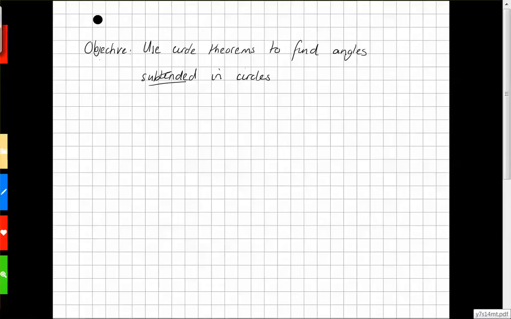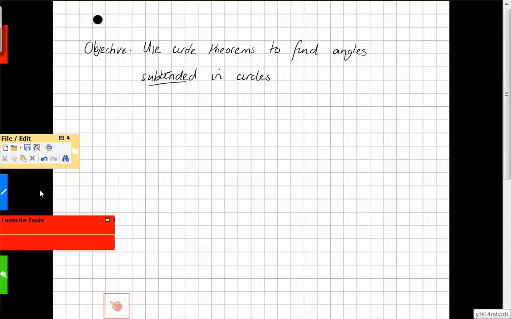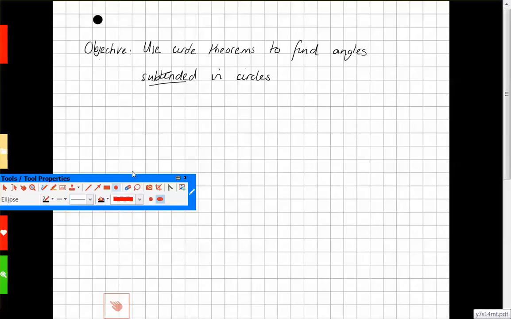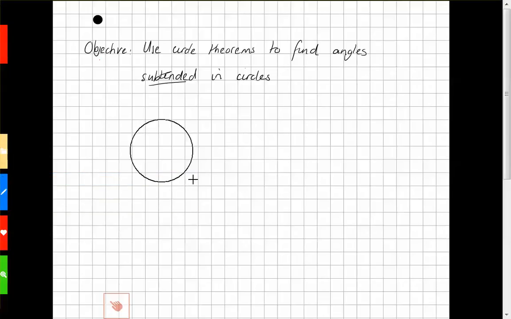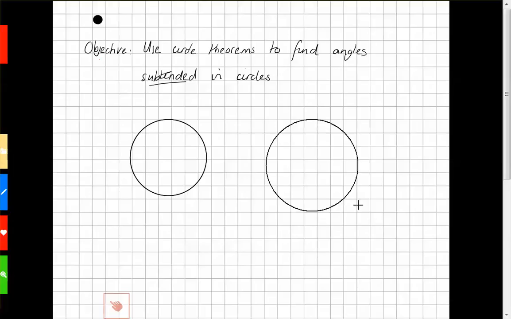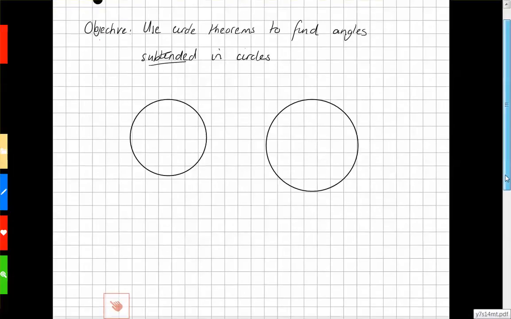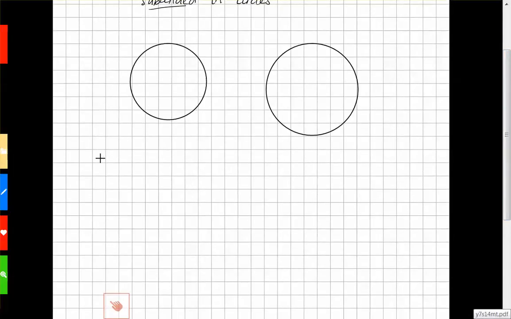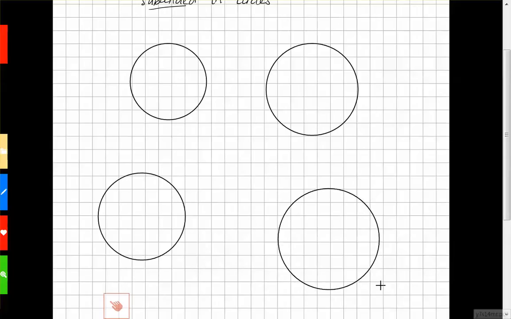So I'll tell you what you need to do. Draw a few circles in your book, and give a bit of space for explanation around them, so we don't have to keep stopping for you to draw another circle. Let's start with four circles, and then we'll come back to it.